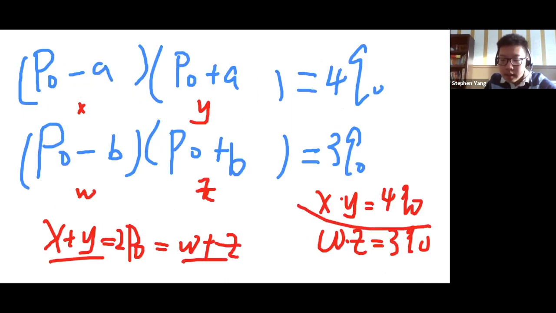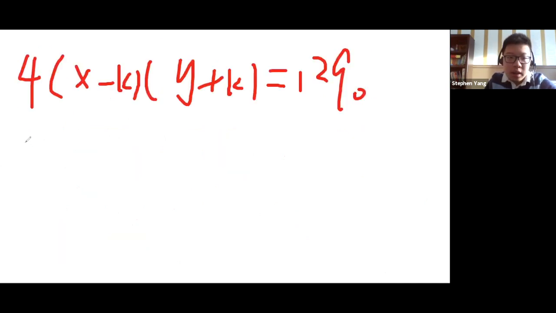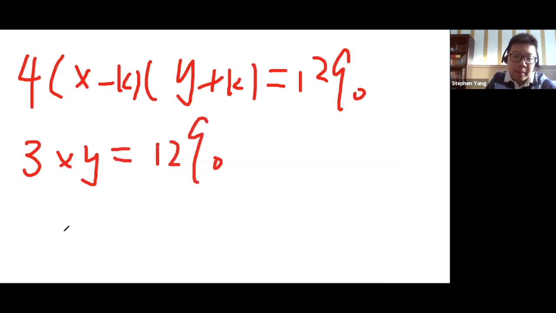And looking at this, X times Y is equal to 4Q0. That means 3XY is equal to 12Q0, which means these two terms are the same.